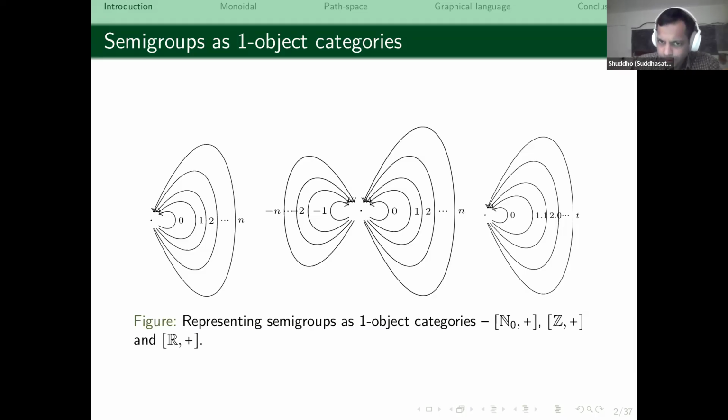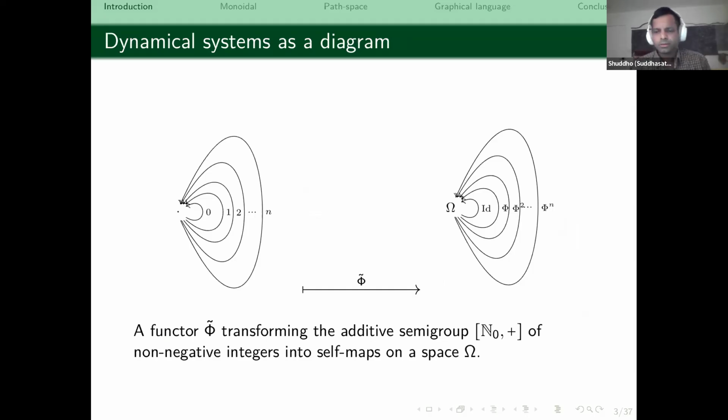The reason I've chosen this particular representation is because it helps me understand what a dynamical system is from a categorical perspective. A dynamical system consists of a phase space, let's call it omega, and a collection of endomorphisms. What I'm depicting here is the action of a semigroup.